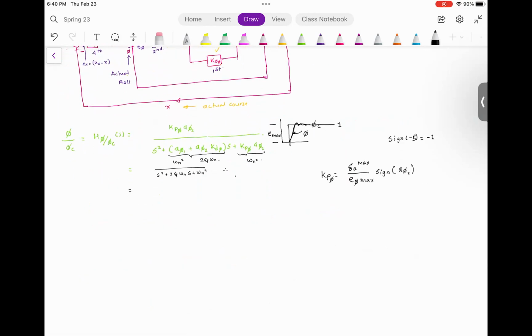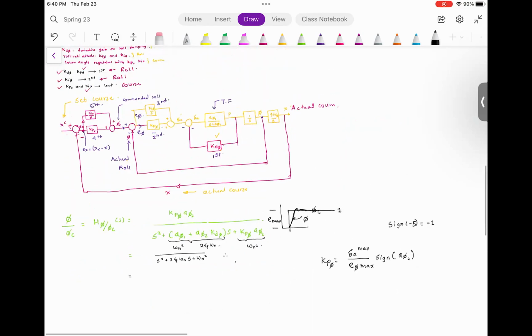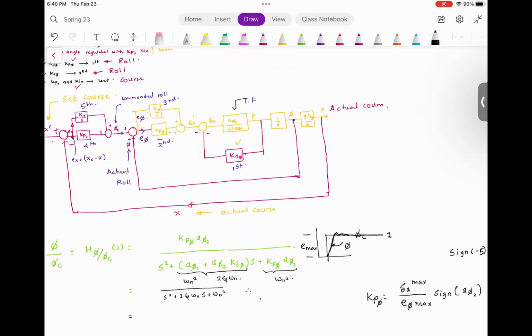So if you look at the actual transfer function, for example, if you add some type of disturbance, you will add the disturbance on the roll. This is coming from here. And this we studied in chapter 4. So you get A divided by A phi 2. This is where the nonlinear terms are coming from.